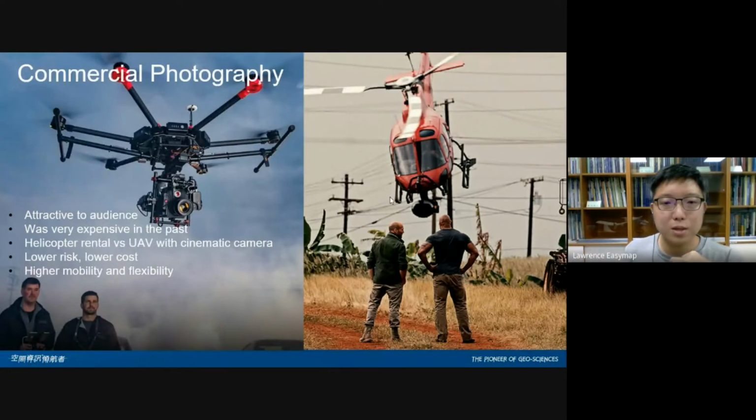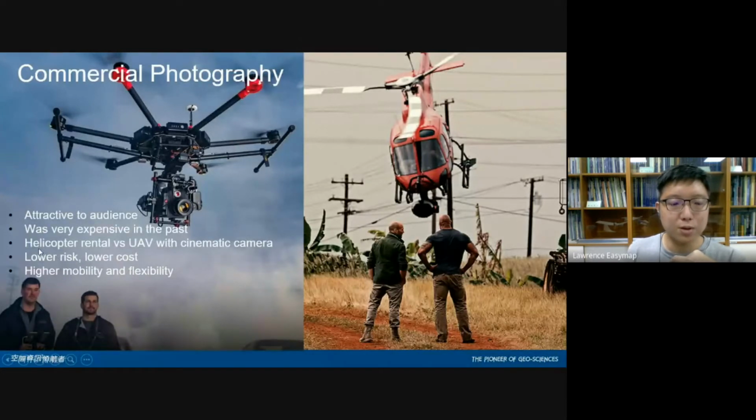But nowadays, with the advance of UAV technology, a UAV can carry a very high payload, which means it can carry very heavy equipment. You can see a very fancy camera, a very stable gimbal, and some communication systems. It can do the same thing as what we did with the helicopter in the past.